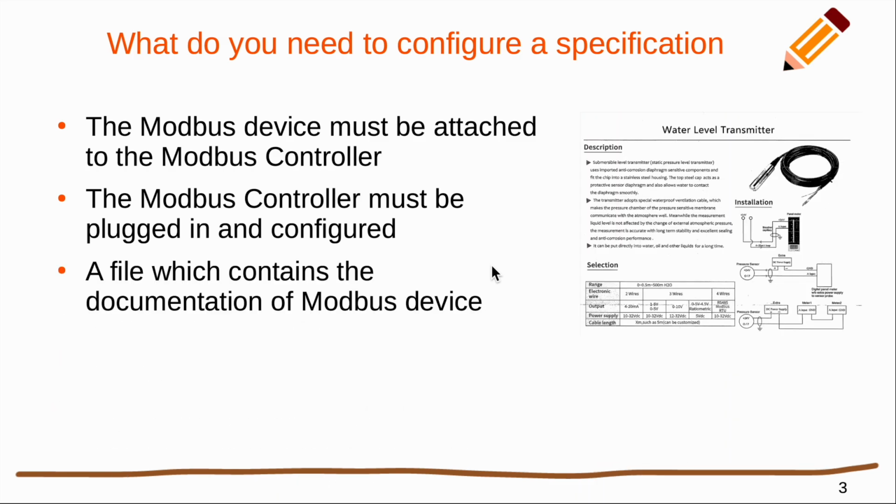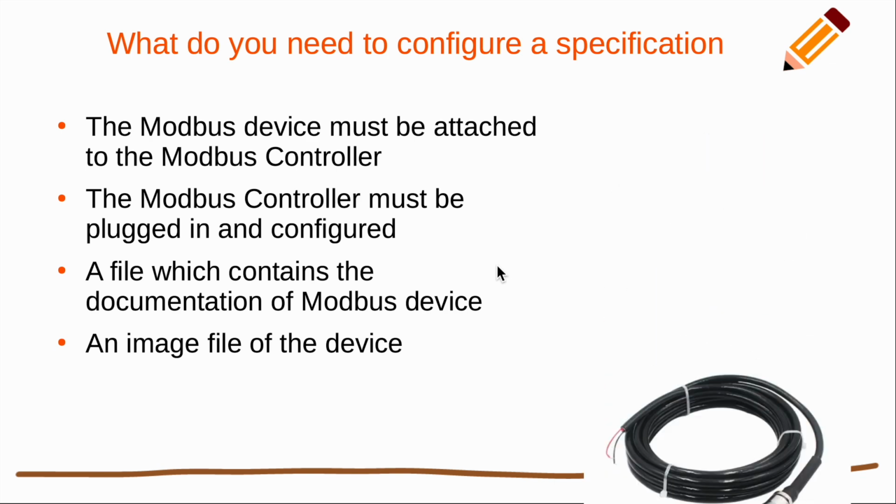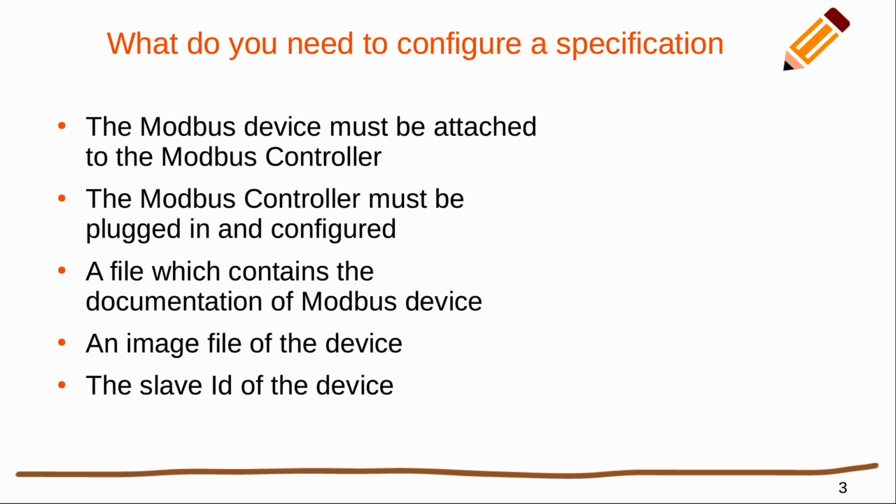You need a file with the documentation of all the Modbus addresses and their usage. And you need an image to make it easy for other users to identify your device. At last, you need a slave ID which can be configured, and for this water level transmitter the default slave ID is 1.